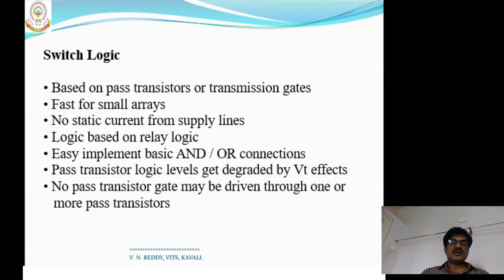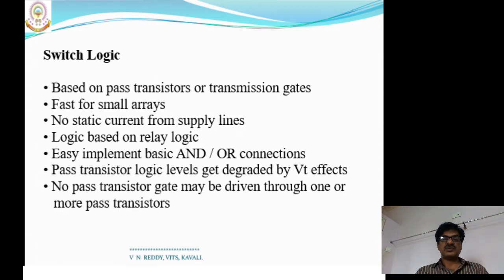If you use that one, the voltage at the logical levels may not satisfy. The last 2 points represent the drawbacks with reference to pass transistor logic. Those are avoided by using the transmission gates.